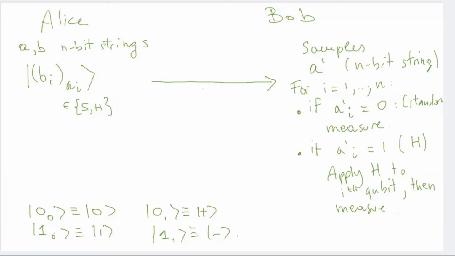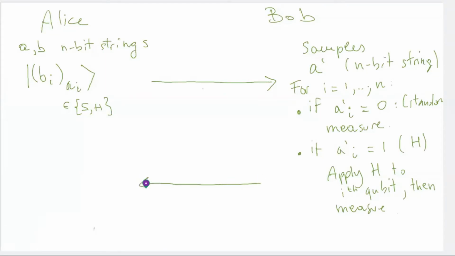If the basis choice for a particular bit i was the standard basis, Bob will just measure. If the ith bit of A prime is 1, meaning Hadamard, Bob will first apply H, and then measure.